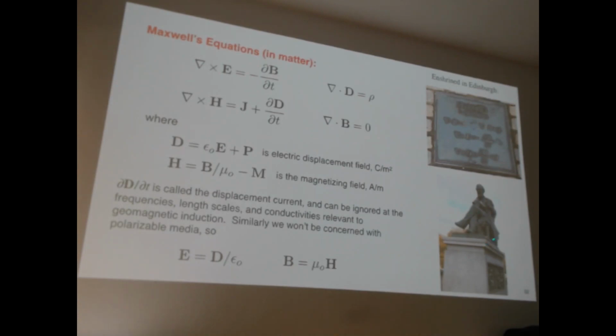So here's, you've seen this, right? This is Maxwell's statue in Edinburgh, and Maxwell's equations are enshrined on a plaque, and this is the differential form in matter. So now we've got the displacement current instead of electric field.